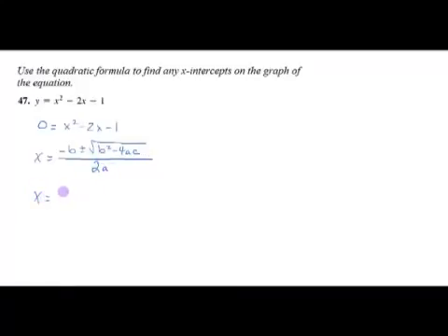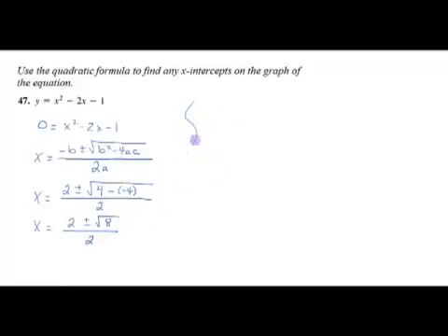So x is the opposite of -2, so +2, plus or minus the square root of b squared, which is 4, minus 4 times 1 times -1, so that makes it a -4, all over 2 times a, which is 2. So x is 2 plus or minus the square root of 4 plus 4 is 8 all over 2.